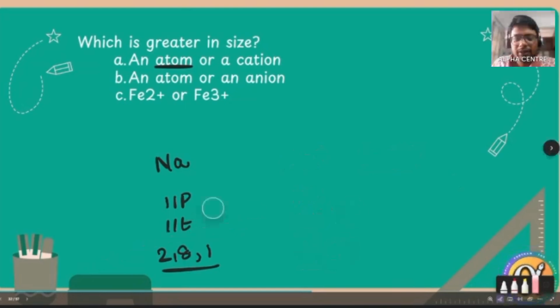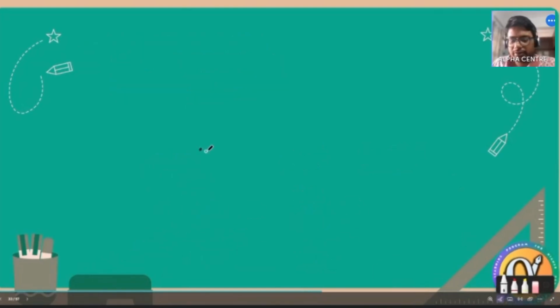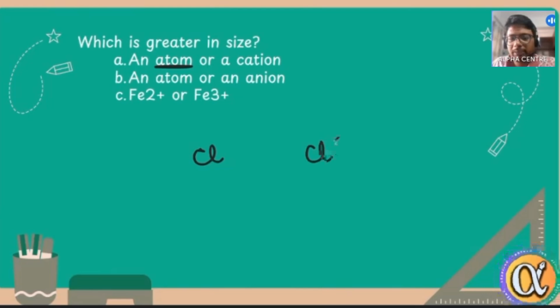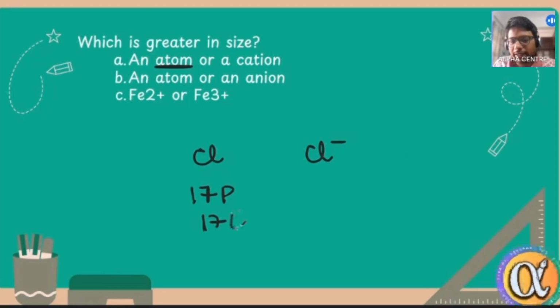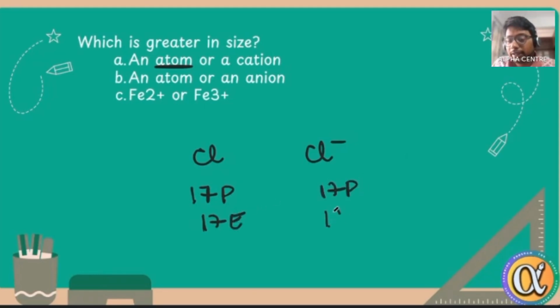Yes. An atom or an anion, for example, chlorine or Cl minus, which is an anion. Chlorine has 17 protons, 17 electrons, so 2, 8, 7. This one has 17 protons, but 18 electrons.